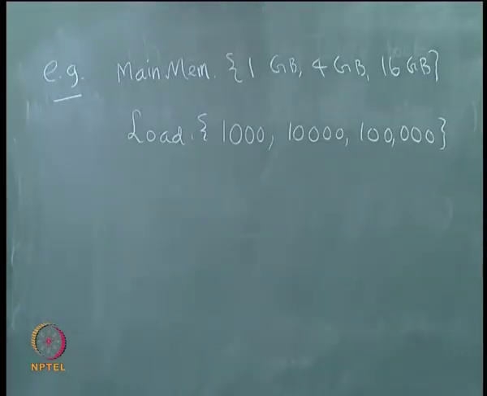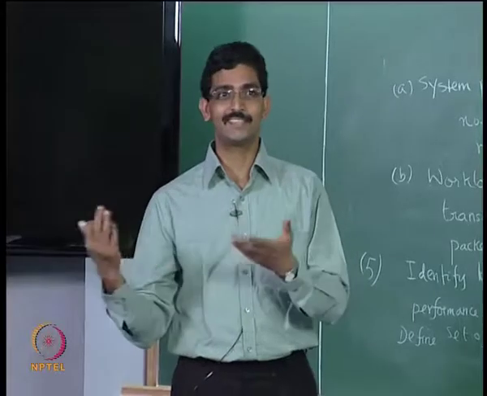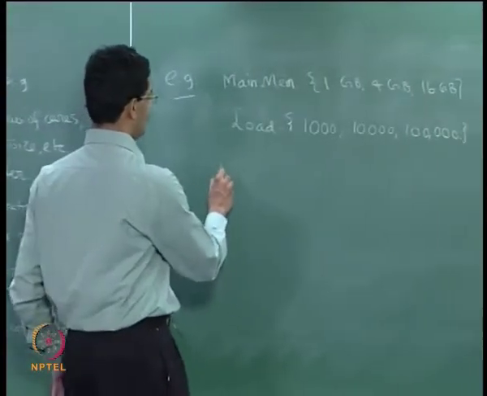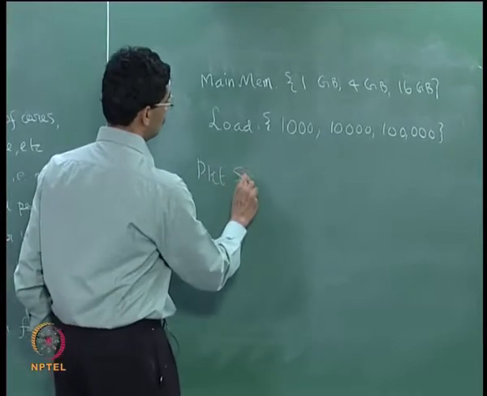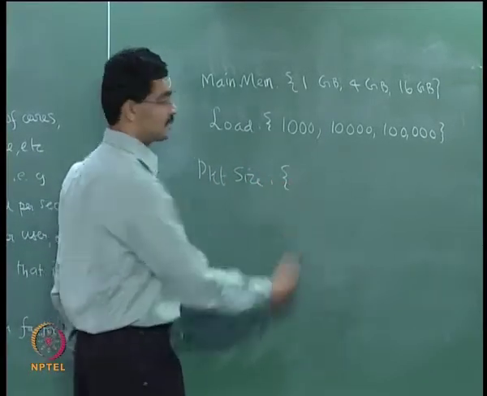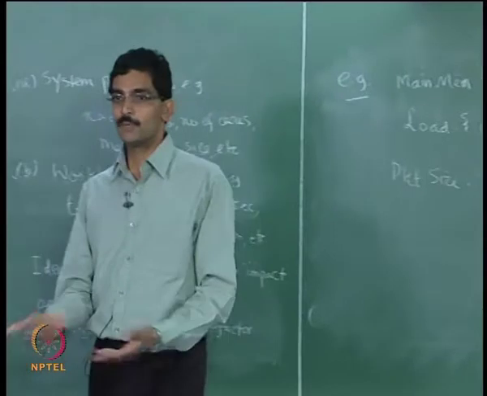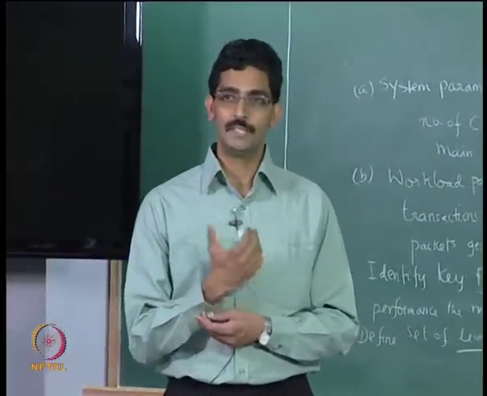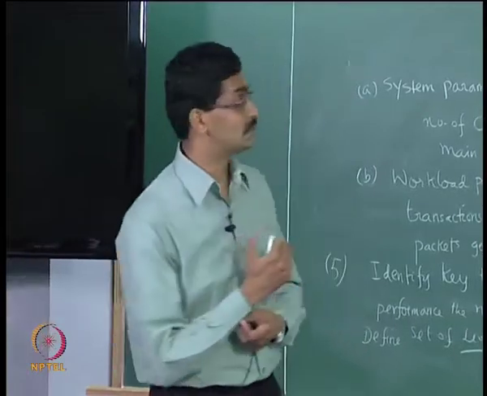You know that sometimes it is pointless, in the internet it is pointless to run 100k packet size. If you look at packet size as a parameter, 100,000 packets per second is okay, but if I add packet size also as a parameter, then you know that there is no point looking at very large packet sizes, because everything anyway gets broken down by the Ethernet layer to 1500 byte or 9000 byte packets.